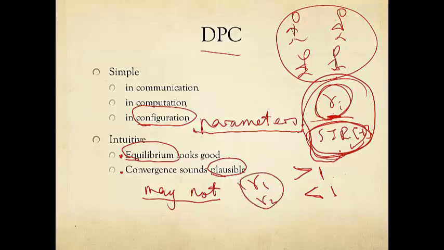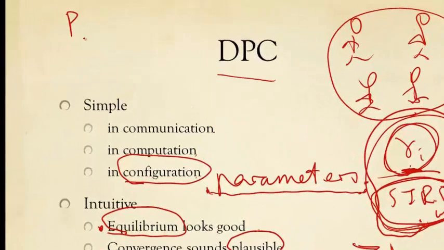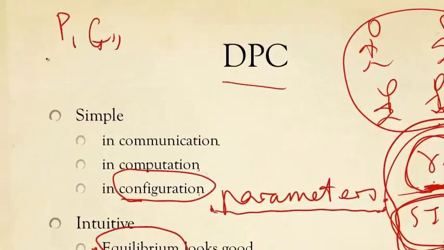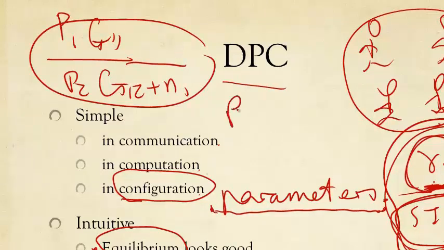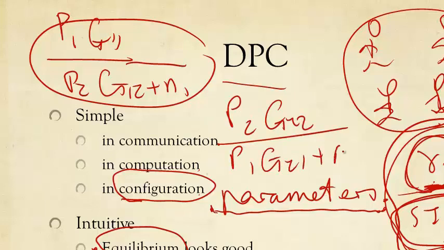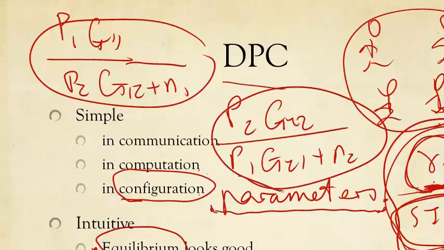You can run the simple example, right? I want P1G11 over P2G12 plus N1 to be really big. I also want P2G22 divided by P1G21 plus N2, this is the received SIR for user 2, to be really big.